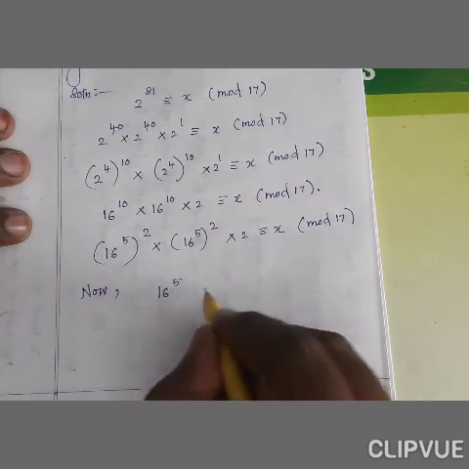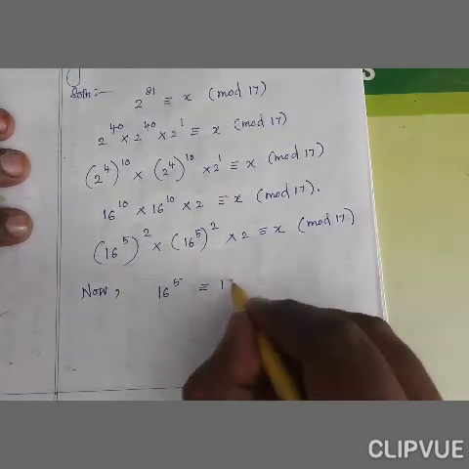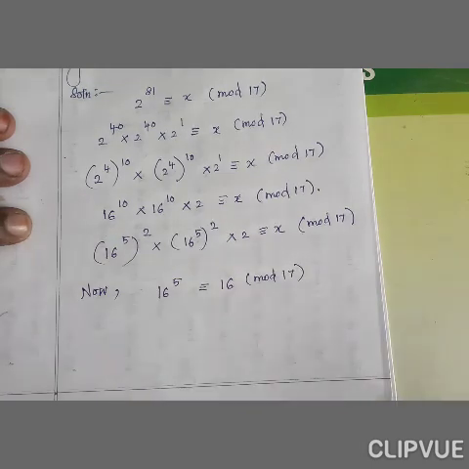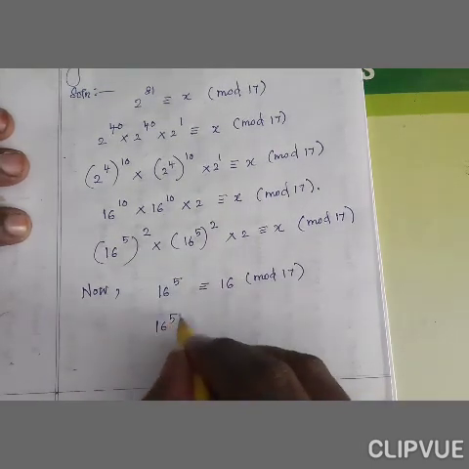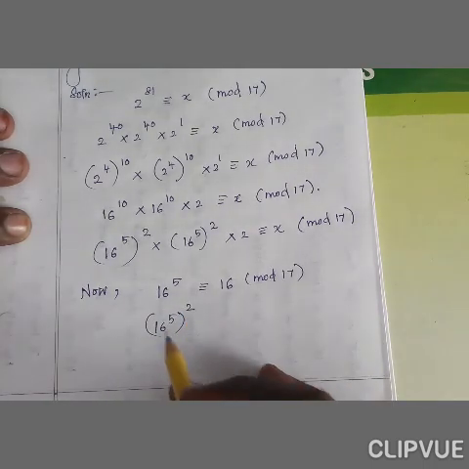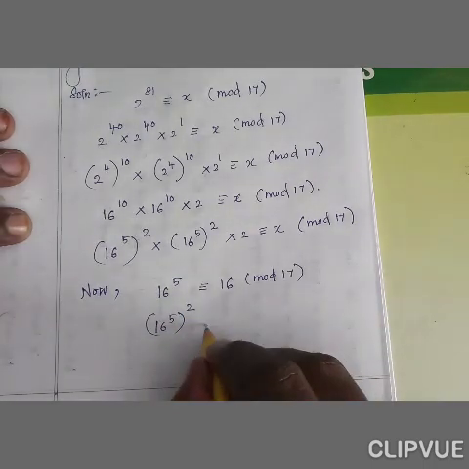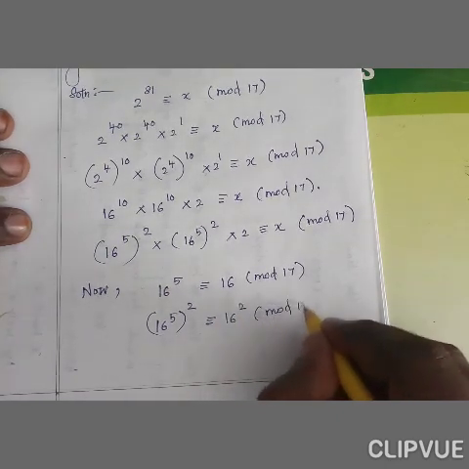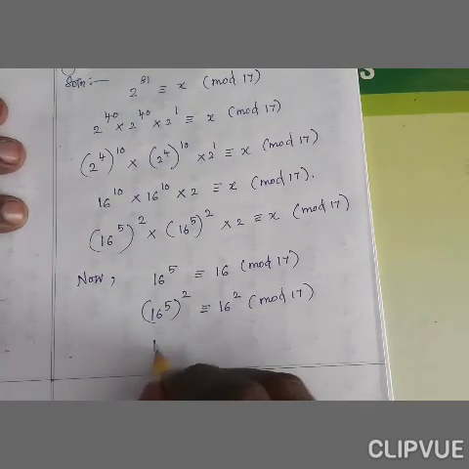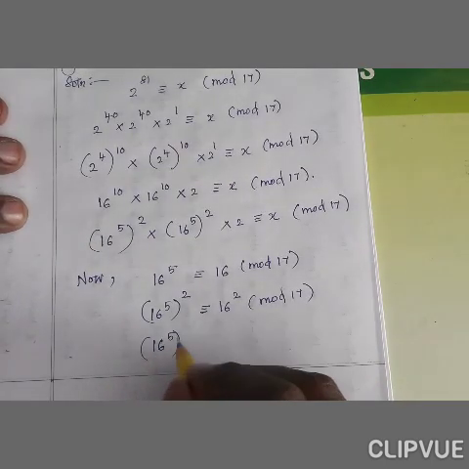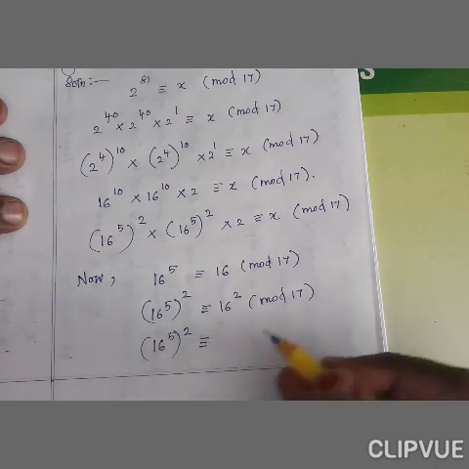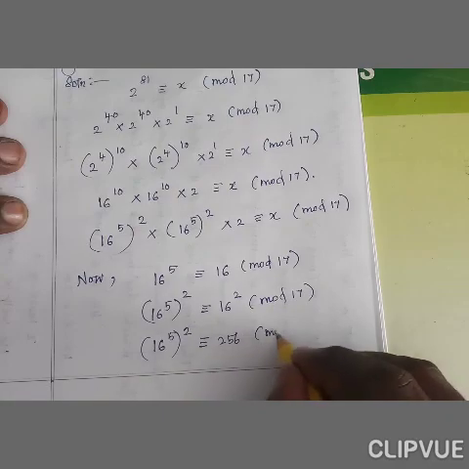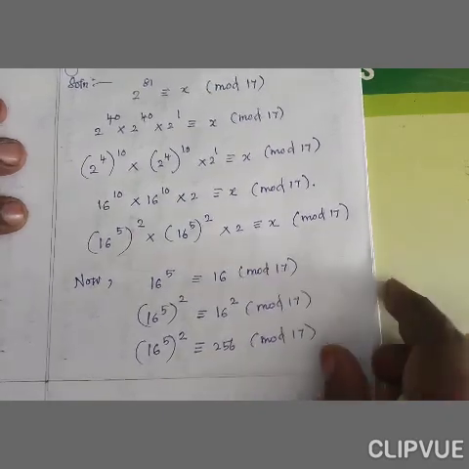16 power 5 congruent to 16 mod 17. So 16 power 5 whole square. If you square the left hand side, you take the right hand side also: 16 square mod 17. So 16 power 5 whole square is congruent to 16 square, value 256, mod 17.